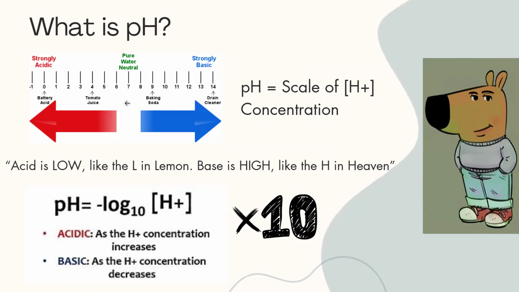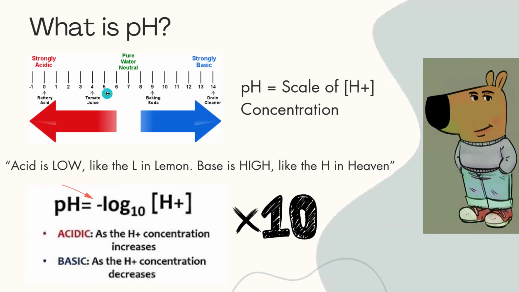We have neutral pH of 7. All right. So as we go up towards, let's say, drain cleaner at 14, the pH is increasing, right? But the hydrogen ion concentration, the proton concentration, is decreasing. Okay. On the other hand, when we have 7 again, and we're going down the pH, so we're decreasing in pH to, let's say, battery acid at 0, then we are increasing in proton concentration.